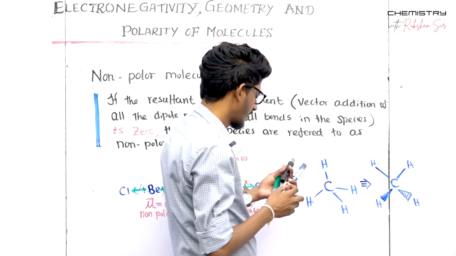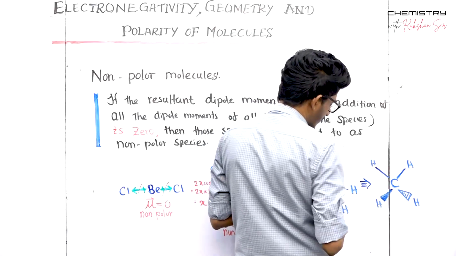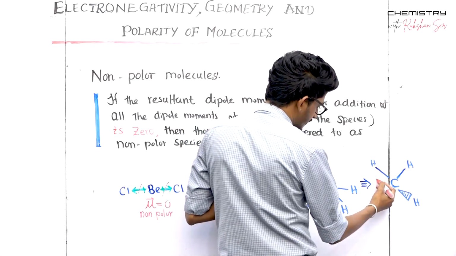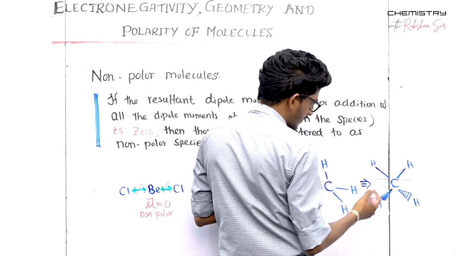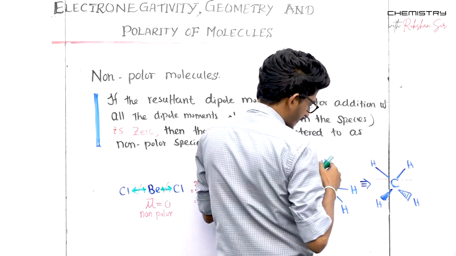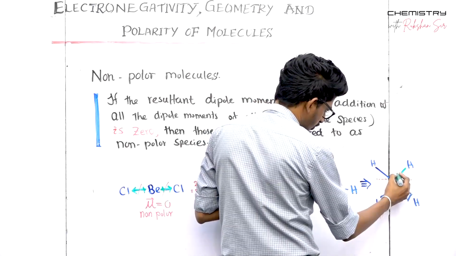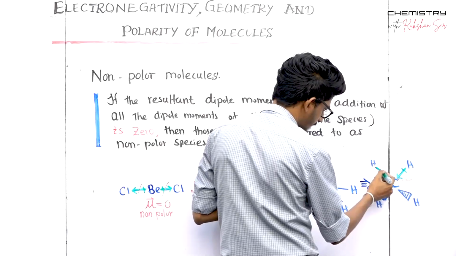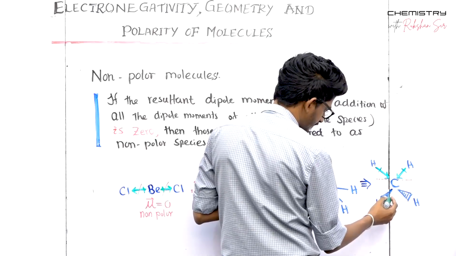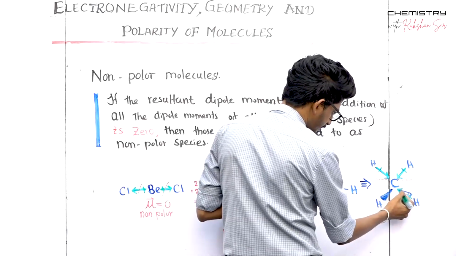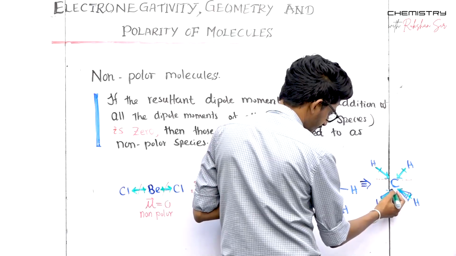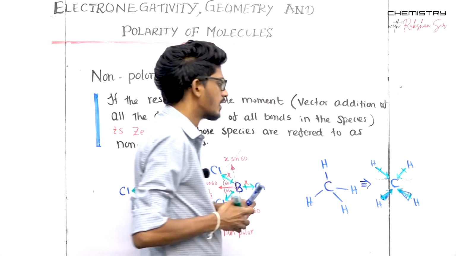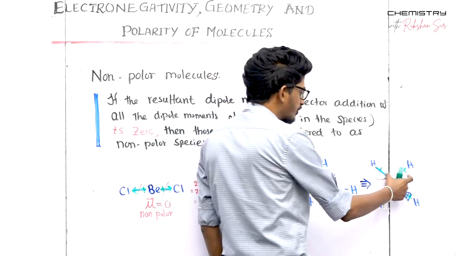So basically, the vertical resultants will cancel off with these guys. So these are the dipole moments marked with the 4 bonds. So basically, the horizontal resultants will cancel off.